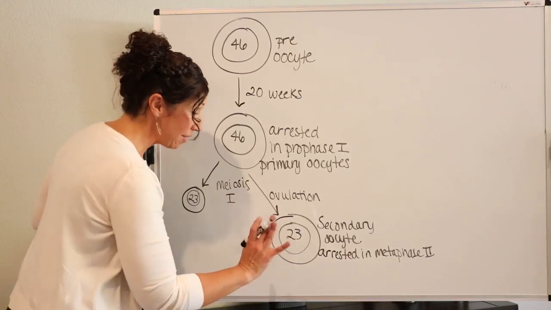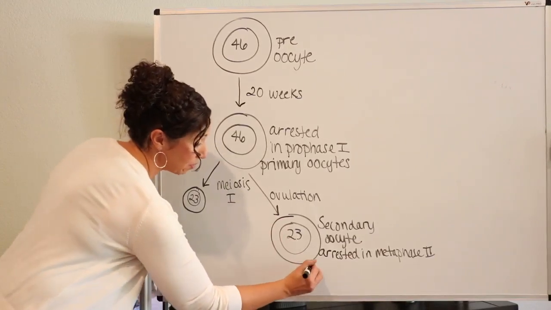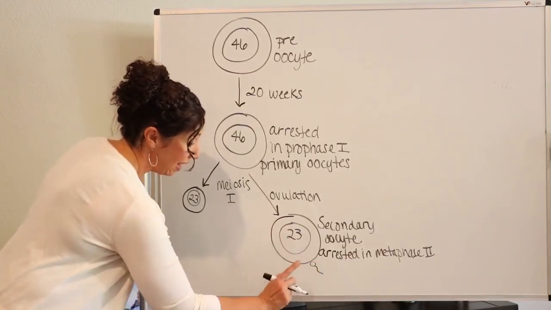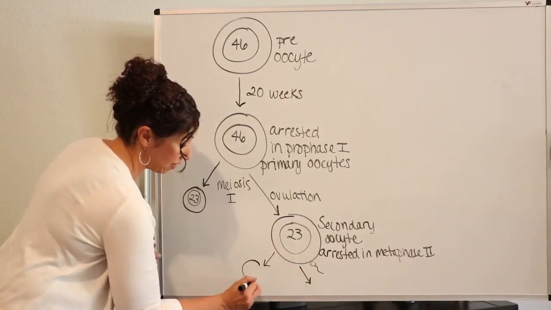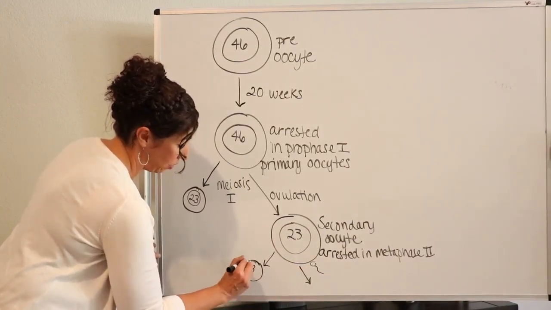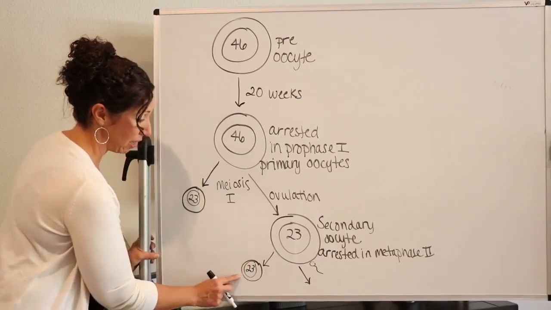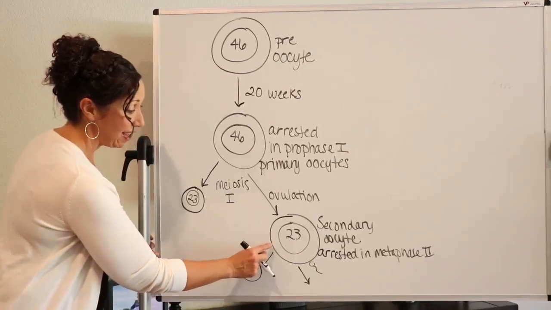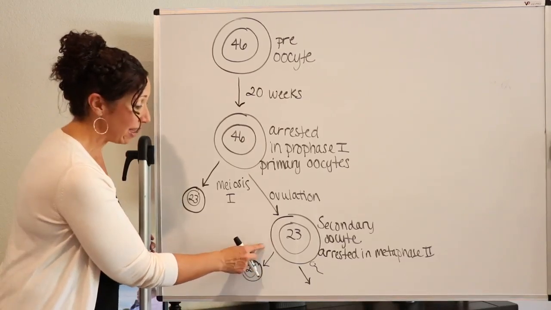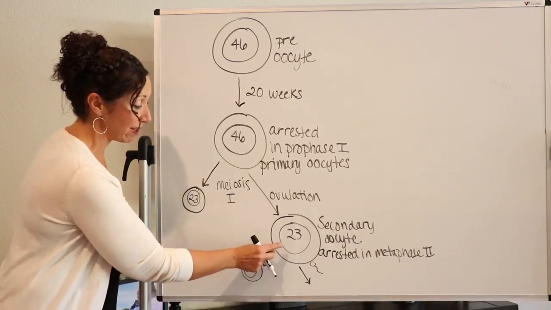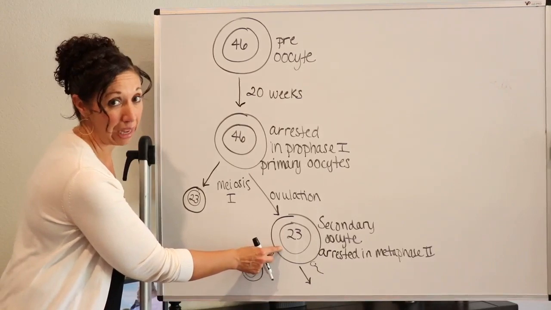But if the cell gets fertilized by a sperm, then and only then does that second meiosis happen. And here's the little polar body. See how small these polar bodies are compared to the egg? The egg is basically stealing all the cytoplasm, everything it can from all these other cells, because this is the one that's going to have to grow a baby.